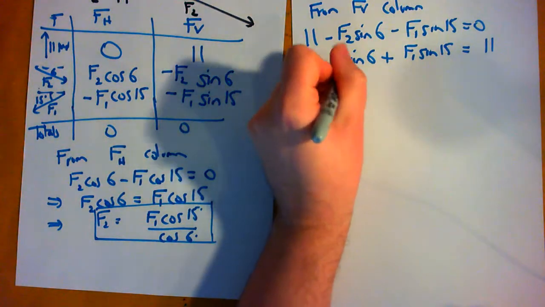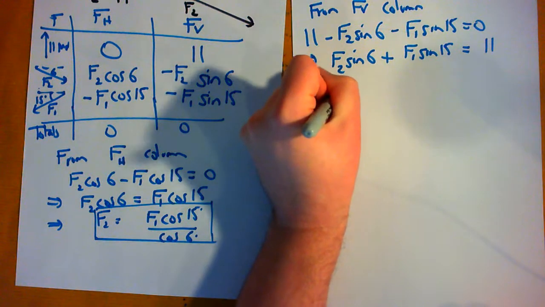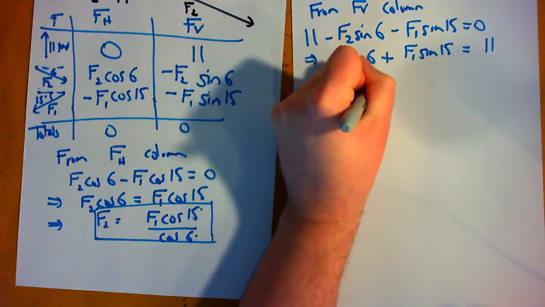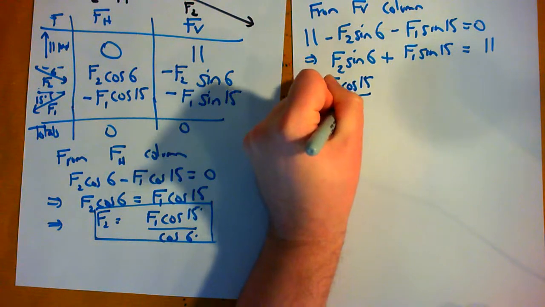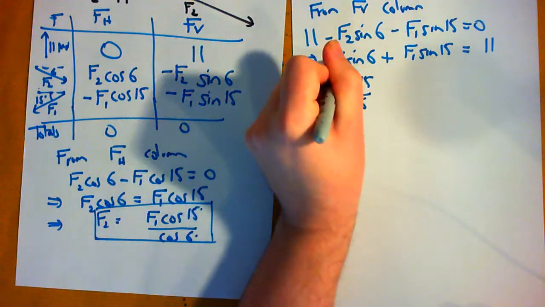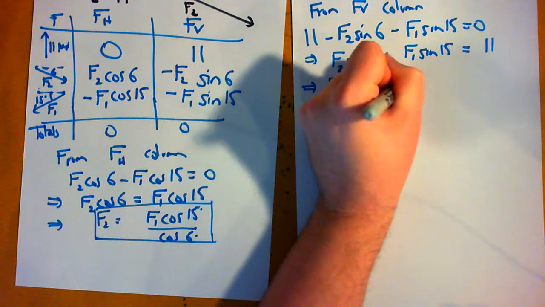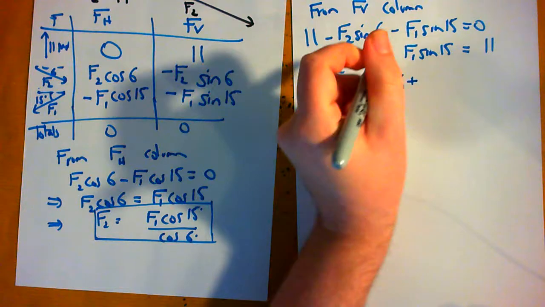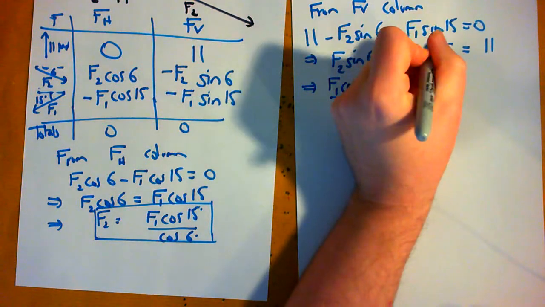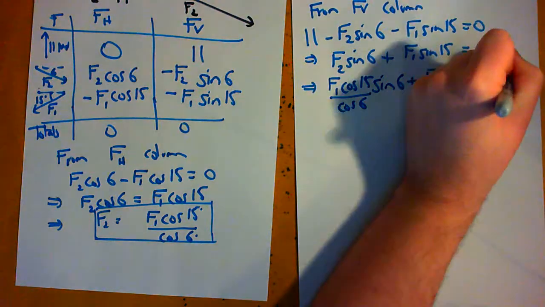So if we make that substitution, F2, which we have just found to be F1 cosine 15 over cosine 6. So that was our equation for F2, but we've got F2 sine of 6, so we've got to multiply that by sine 6 plus F1 times sine of 15 equals 11.